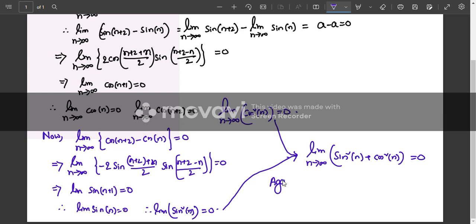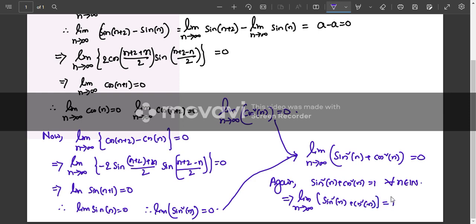Again, we know sin squared n plus cos squared n equals 1 for all n belonging to the naturals. So if I take the limit on both sides, the limit of sin squared n plus cos squared n will also be 1.